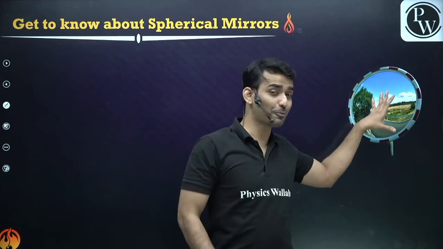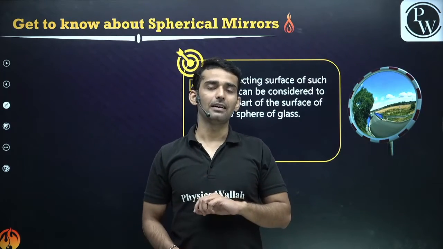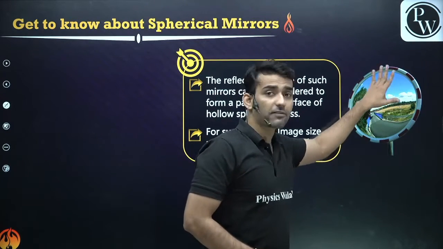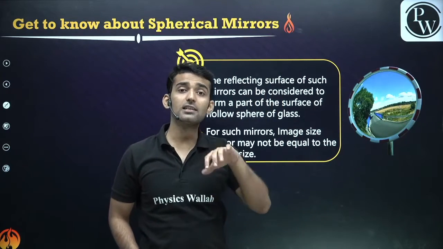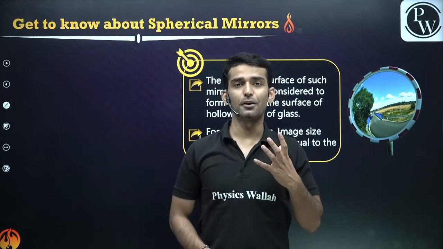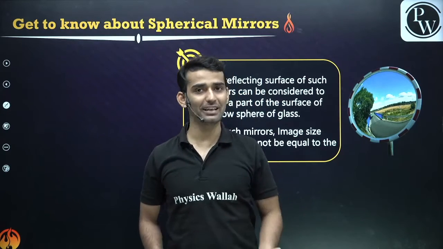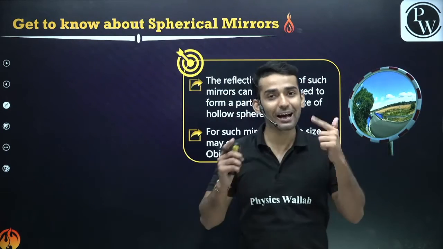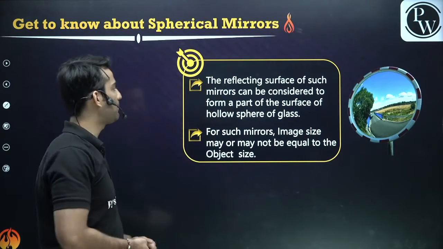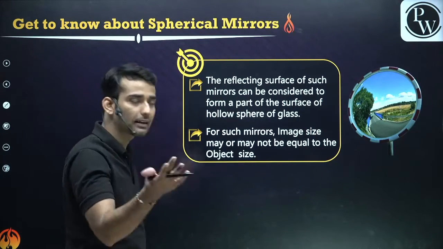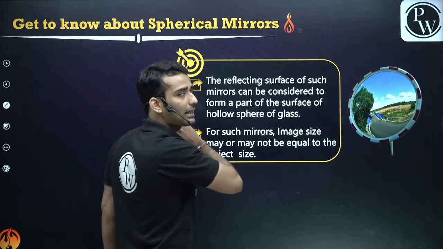But it's a small mirror and you have taken the view of the complete field. So guys, such mirrors are called spherical mirrors. Spherical means their reflecting surface is not plane. They are curved mirrors, and they basically magnify the image. So we can get a magnified image with the help of spherical mirrors.